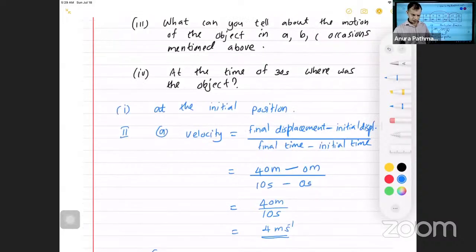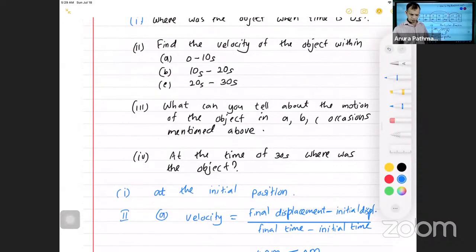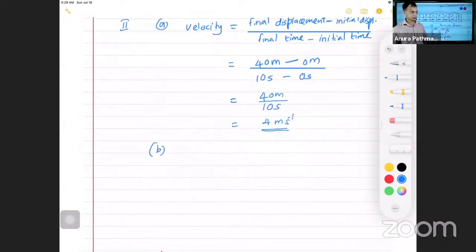B occasion asks 10 second to 20 second. What I'm going to do is to show you how it is done mathematically.